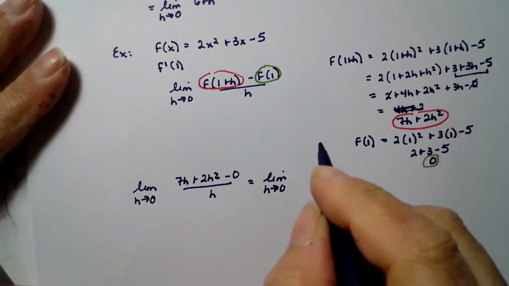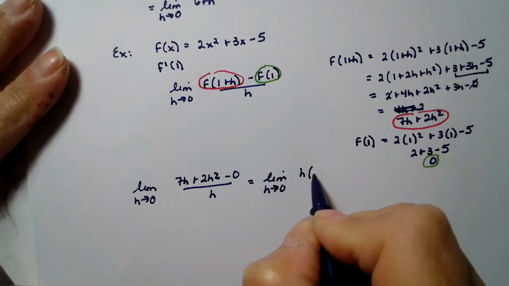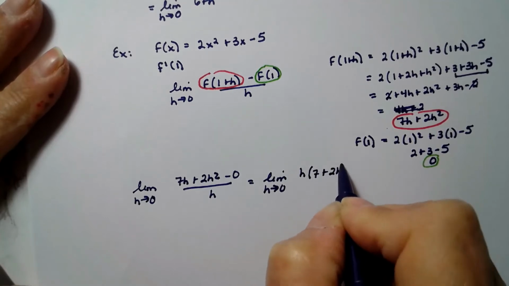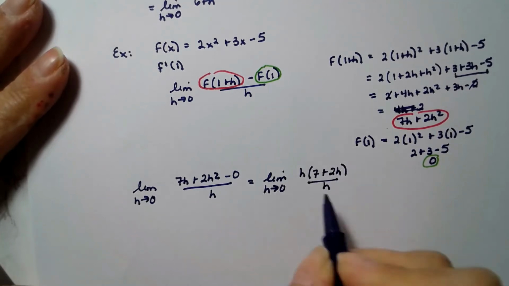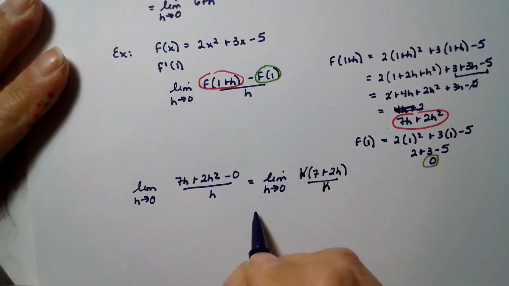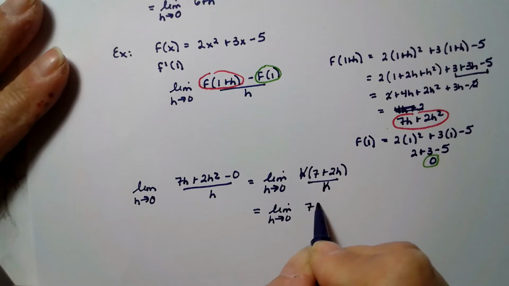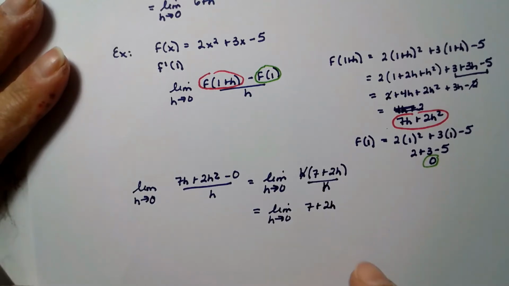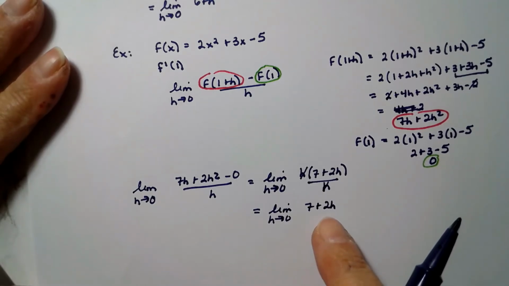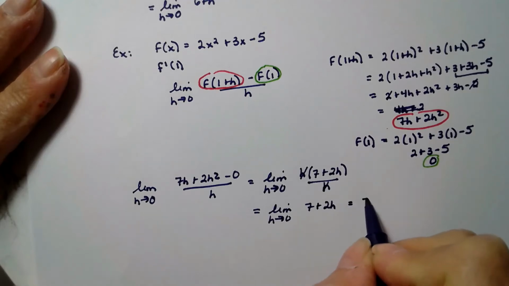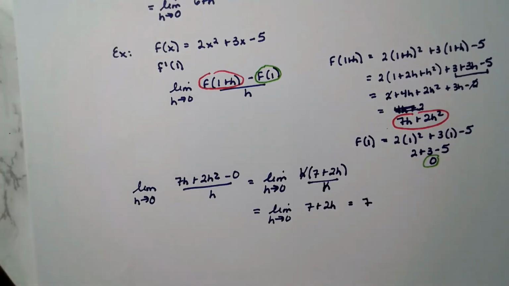Now I'm going to factor out an h so that way I can cancel those. And that's the limit as h approaches 0 of 7 plus 2h. And I can't simplify it anymore, so I'm going to take my limit. And so what we get is a 7.